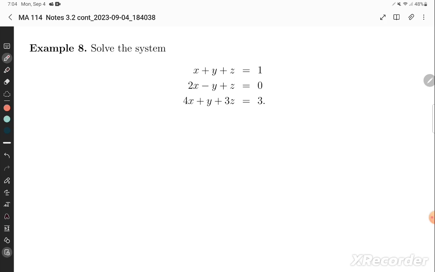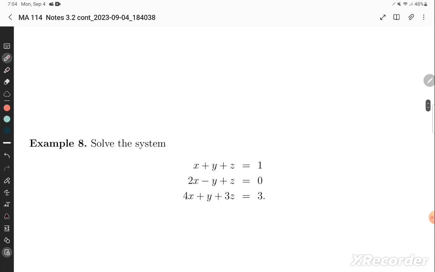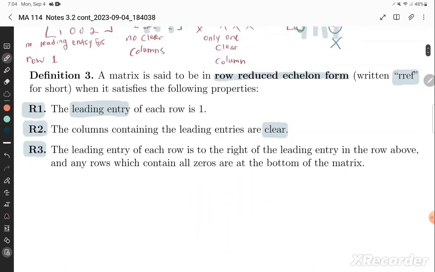I know we're kind of working backwards here, but it's important for us to know what it means for something to be in row reduced echelon form, and that's why it's important for us to spend time on this. I apologize for the last lecture making a blunder there, but this is the correct definition of row reduced echelon form right here.